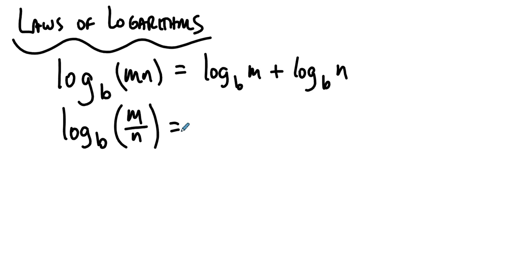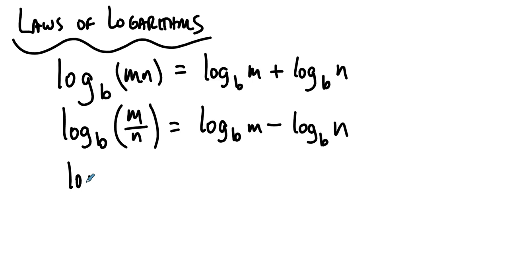Similarly, when you have the log of a quotient, it is the difference of those logs. Why? Because when we divide powers of the same base, we subtract their exponents. Logarithms are exponents, so the rules that apply to exponents apply to logarithms. A couple others.